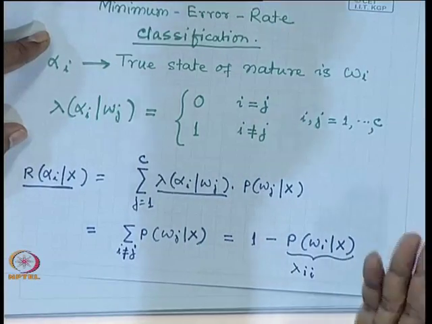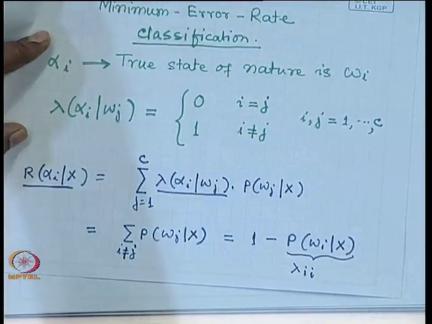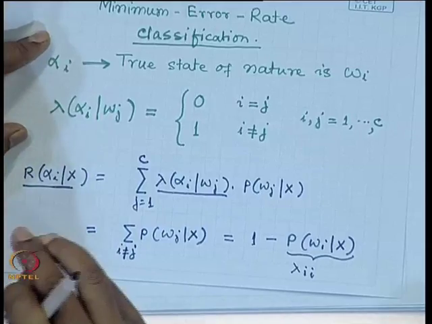If I go for Bayes rule, for every different class, it has to find out what is the a posteriori probability, then whichever class gives me the maximum a posteriori probability, the classifier will decide in favor of that class.